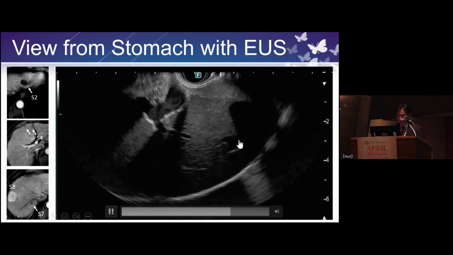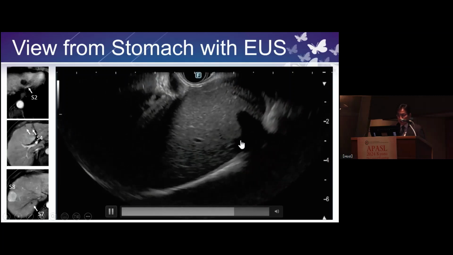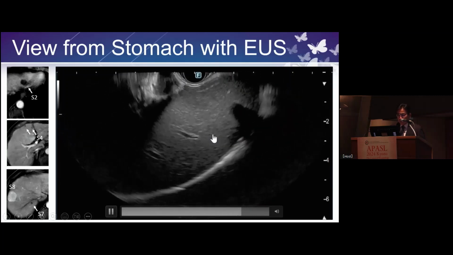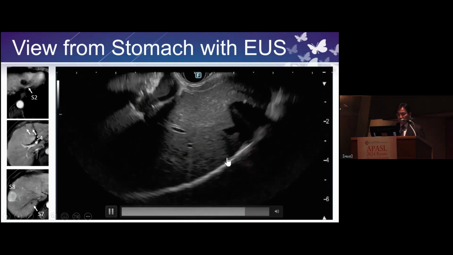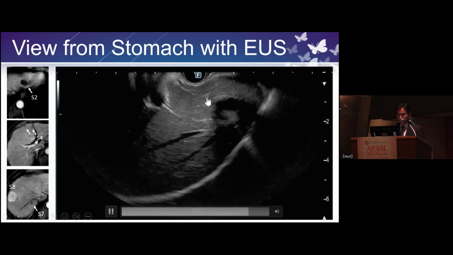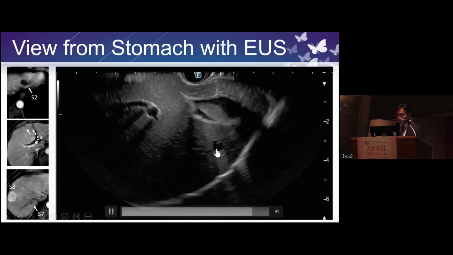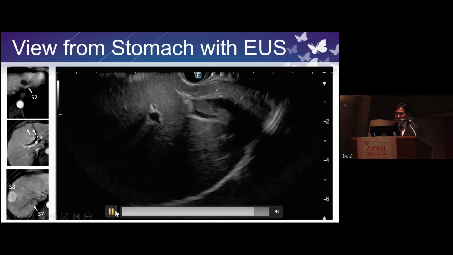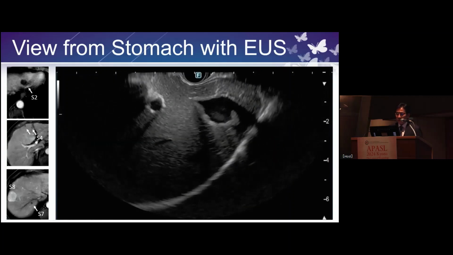This is the right hepatic vein, clockwise rotation more. Yes, here. This is the segment 7 cyst from stomach. Not so special, just clockwise rotation. So very easy to visualize the right lobe from stomach.